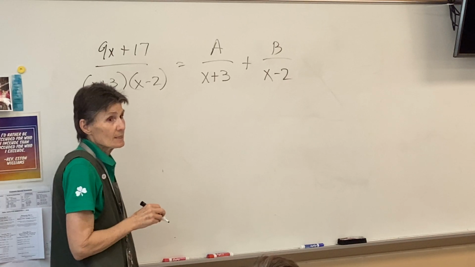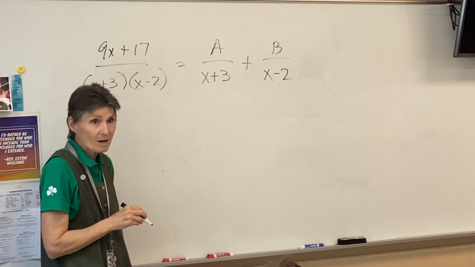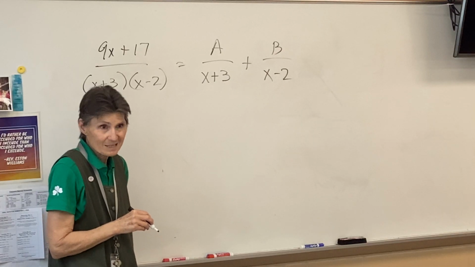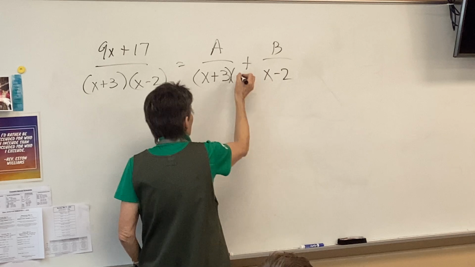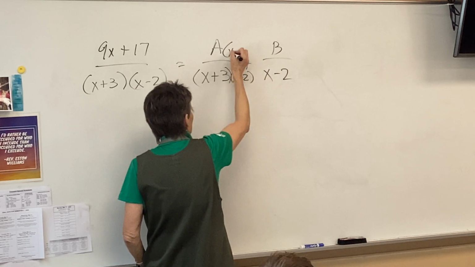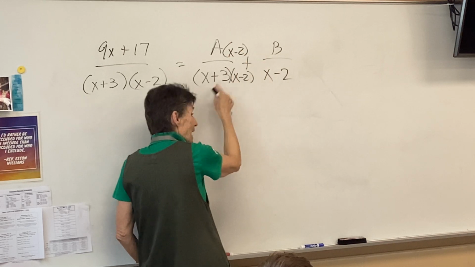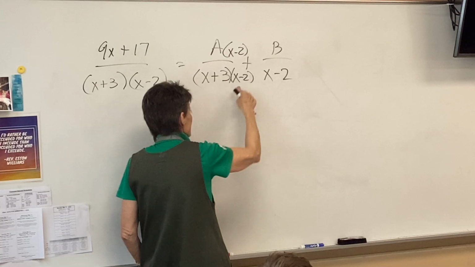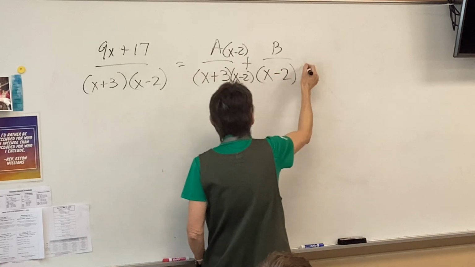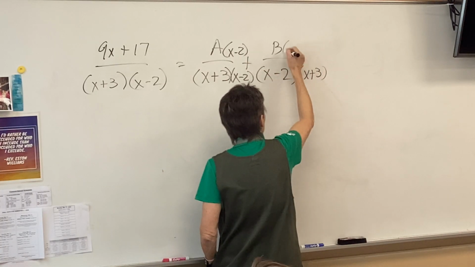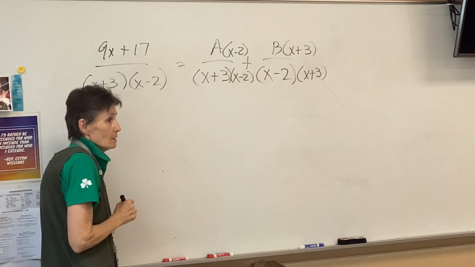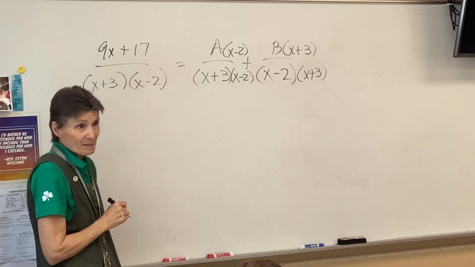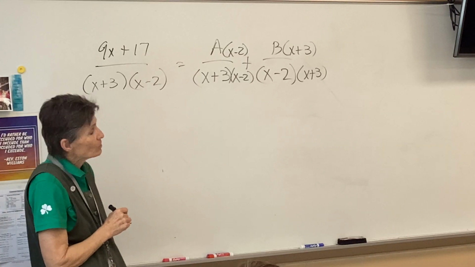we want to ditch the denominators, but in order to get rid of them, they all have to be the same. So this guy needs an x minus 2. He already has an x plus 3. This is what he needs. This one needs an x plus 3. Whatever the denominator needs is what goes in the numerator.